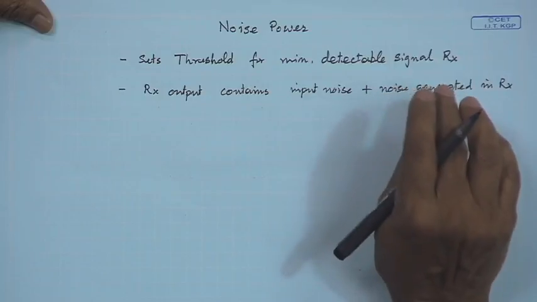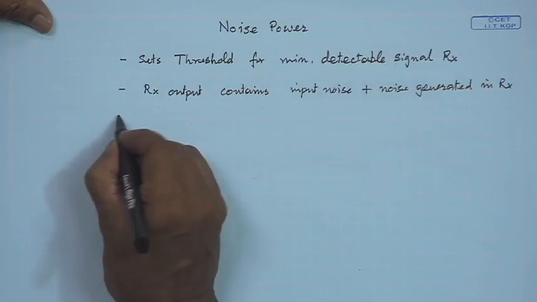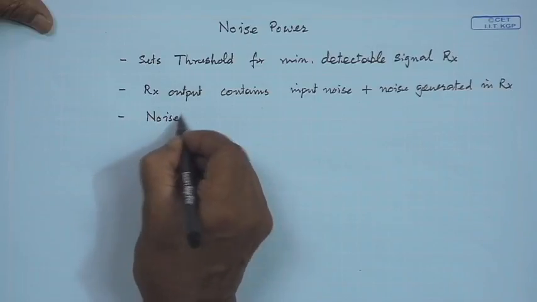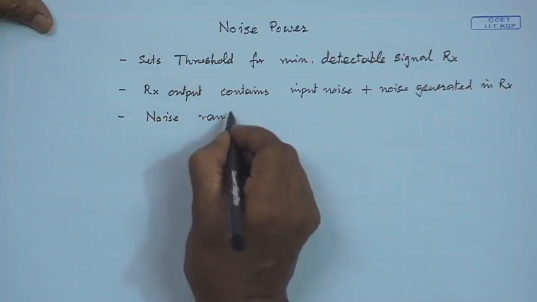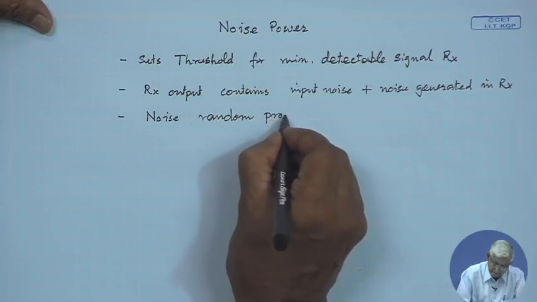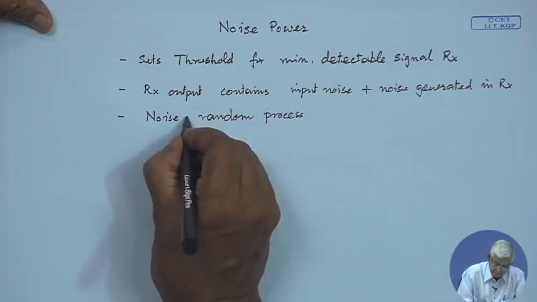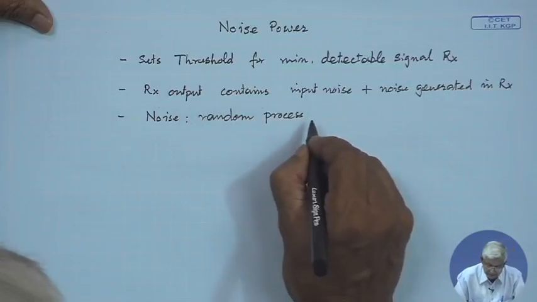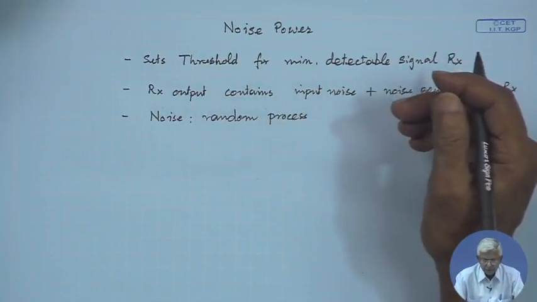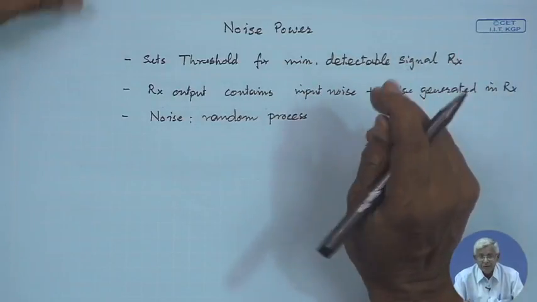We will see into the detail. And the noise is a random process. Noise is a random process, meaning mainly most of the components and the medium also.